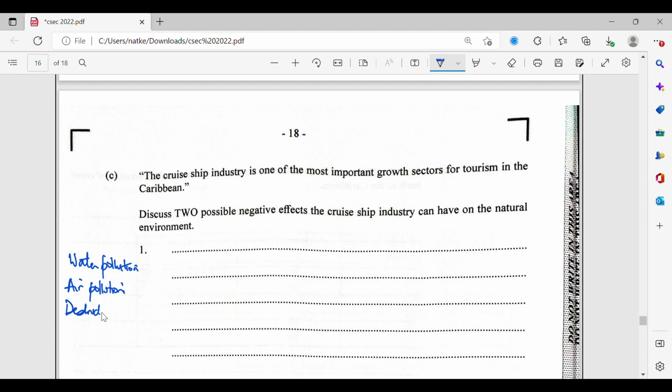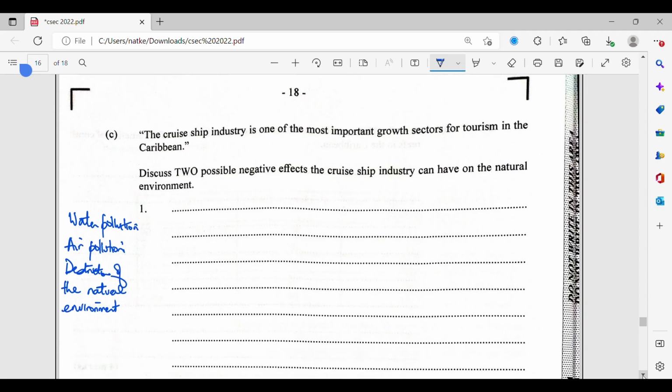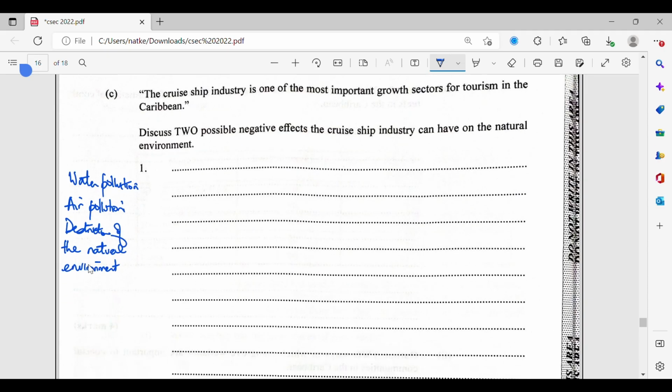So destruction of the natural environment. This is for the development of the piers. Development of the piers could also mean removal of mangroves. So destruction of the mangroves or mangrove wetlands.